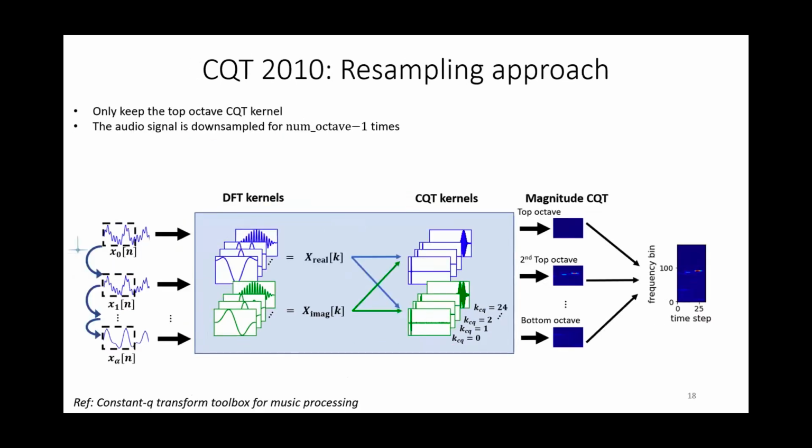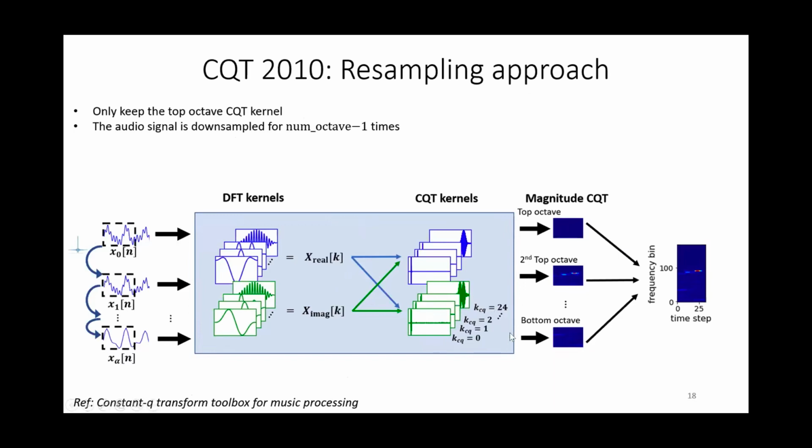That's why in 2010, another research group proposed a better idea. Instead of using the full CQT kernels, they use only the top octave CQT kernels. For example, if our number of bins per octave is 24, then we only use 24 CQT kernels here.